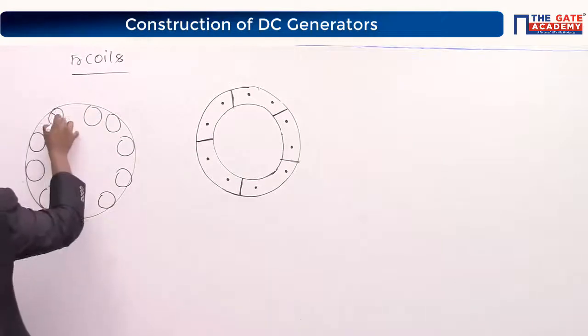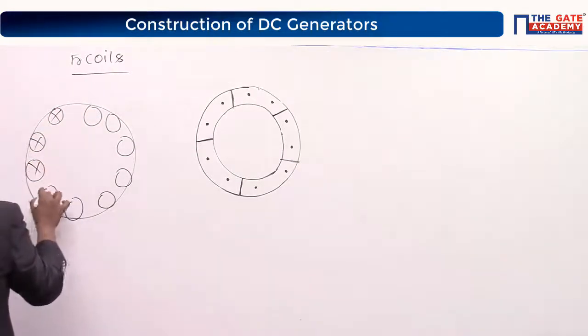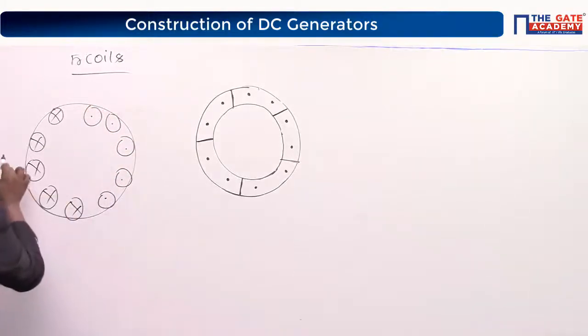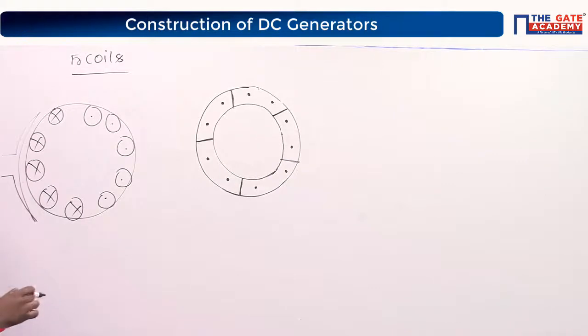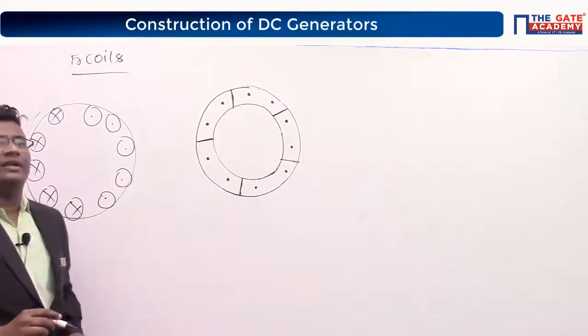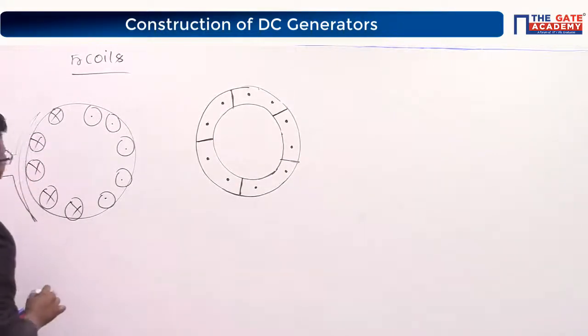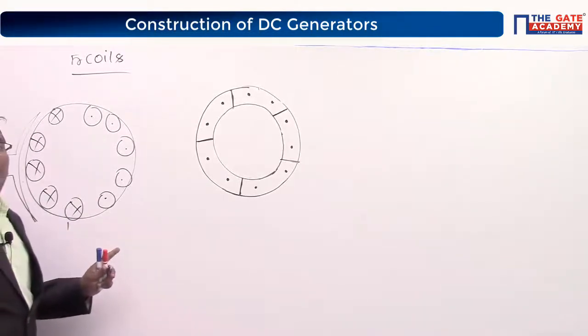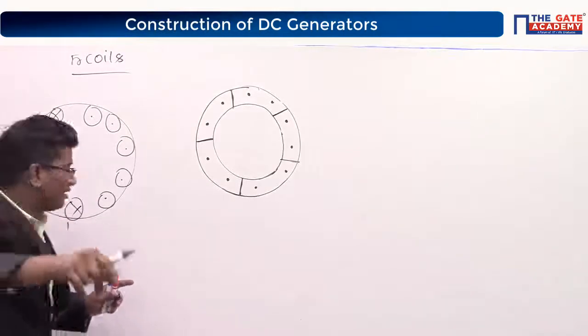Okay? Under the North Pole, let me assume this is my North Pole. Please concentrate, everybody. Let us give the numbers. 1 coil means 2 conductors will be there, right? This is 1.